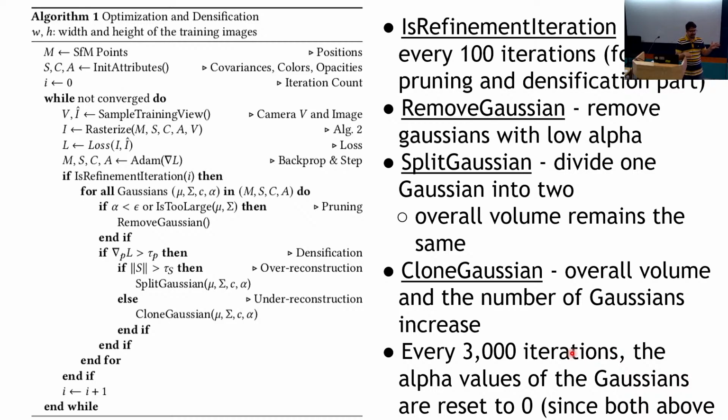So after 3K iterations you reset everything, train it for another 500 iterations, and then check, then proceed normally. What would happen is that the Gaussians which are good will, in very few iterations, have very high opacity value. So the opacity is learnable, right?